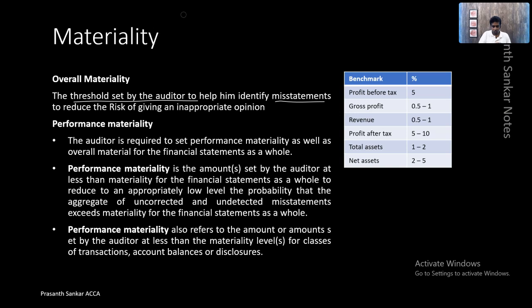Why does he establish a threshold? How, by establishing a threshold, will he be able to identify a mistake? Just for example, let us say $1,000 is missing.